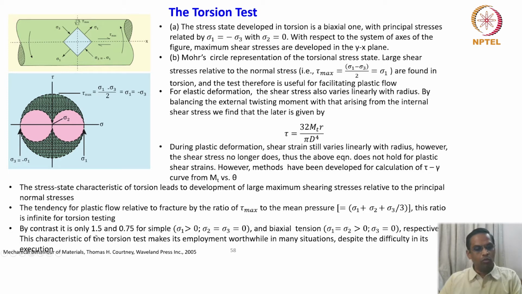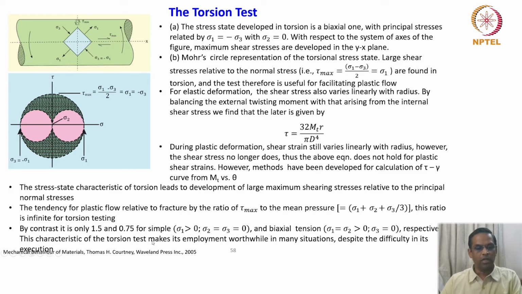By contrast, it is only 1.5 and 0.75 for simple tension, that is sigma 1 greater than 0, sigma 2 and sigma 3 equal to 0, and biaxial tension, sigma 1 equal to sigma 2 greater than 0, and sigma 3 is 0, respectively. So this is 1.5 for simple tension and 0.75 for biaxial tension.